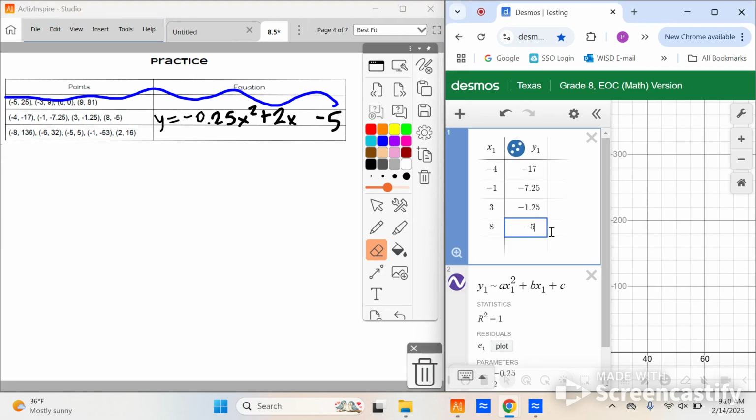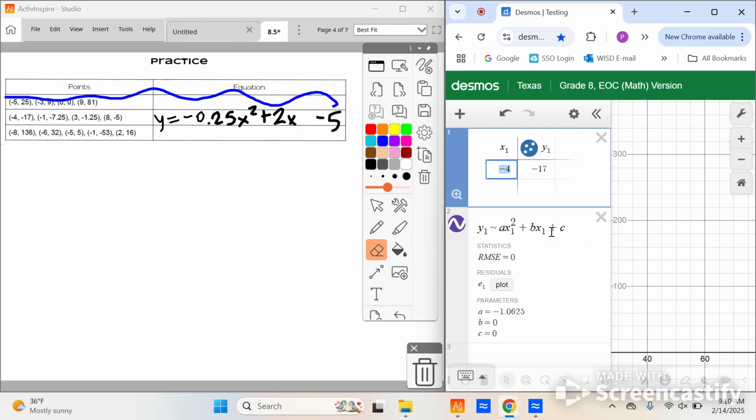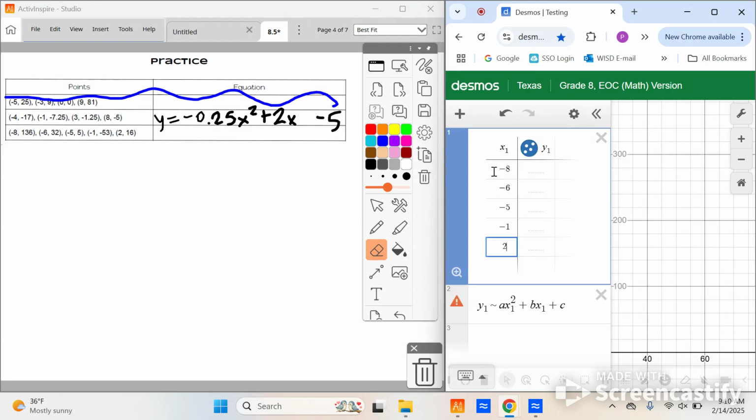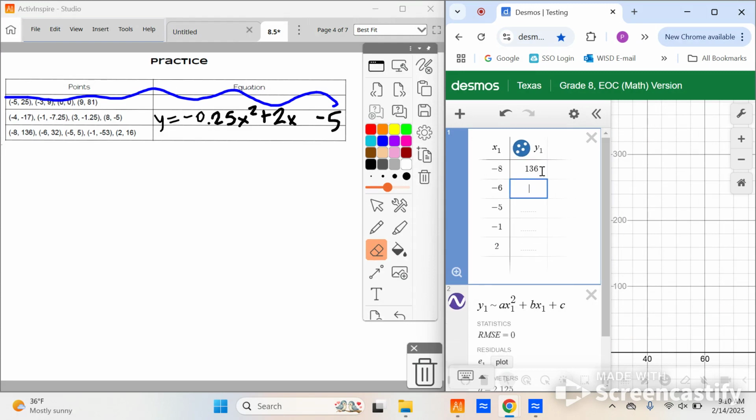Now I'm going to do the option where I can just delete my data and insert my new data for my next one. It just saves me the time of having to type the equation again. So -8, -6, -5, -1, and 2 are my x values, and my y values are 163, 32, 5, -53, and 16.